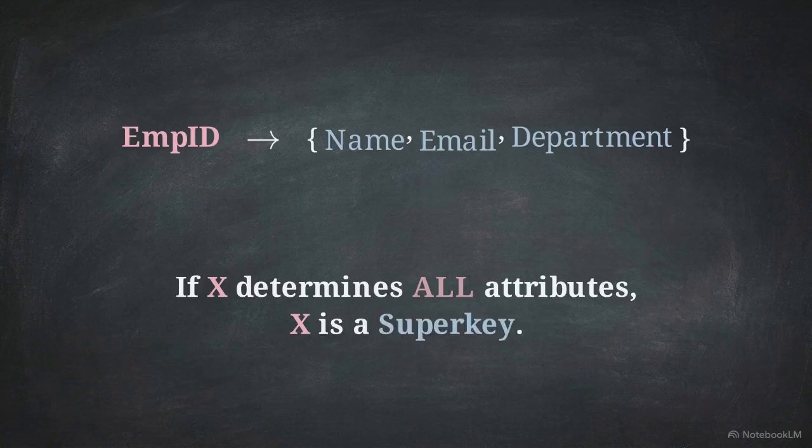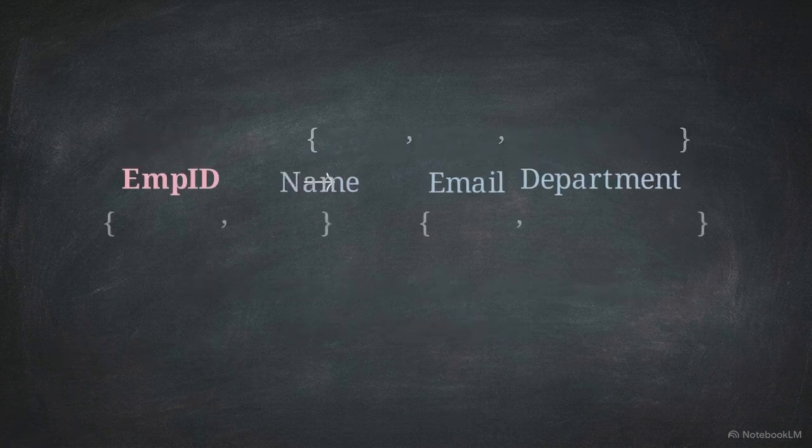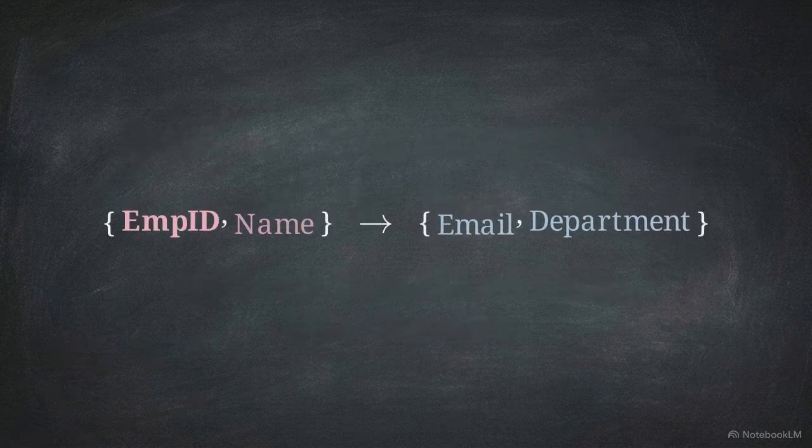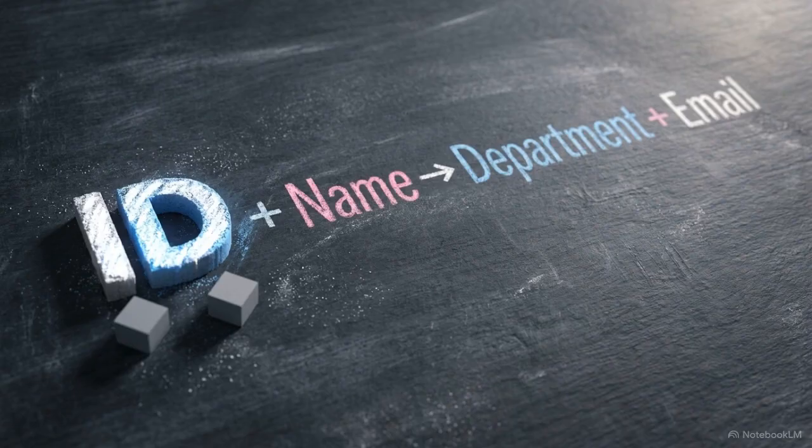This yields our algorithmic rule. If a set functionally determines all other attributes in the relation, then that set is a superkey. We can also express the superset property using this algebra by adding the name attribute to the left side of the dependency. Because the ID is still present on the left, the equation holds. Adding an attribute to the determinant side never breaks the functional dependency.